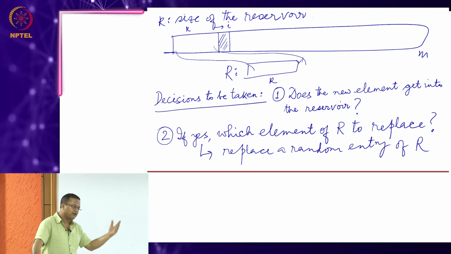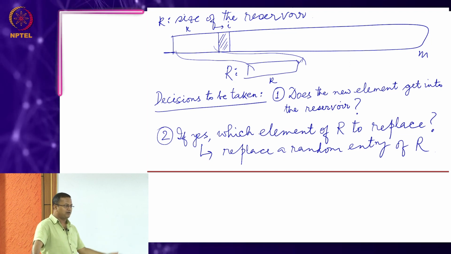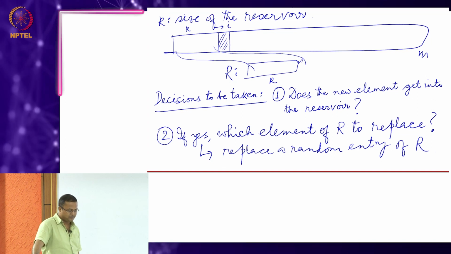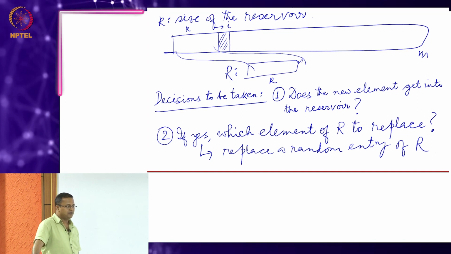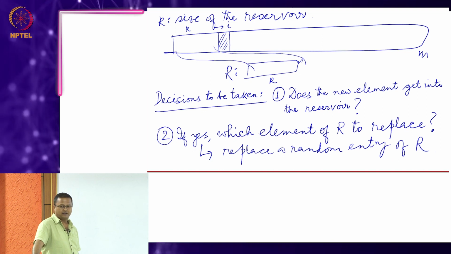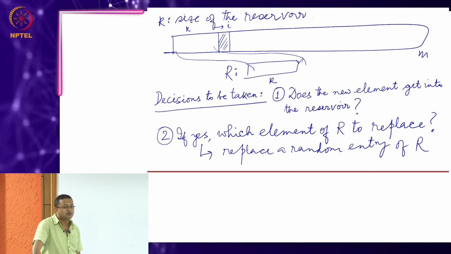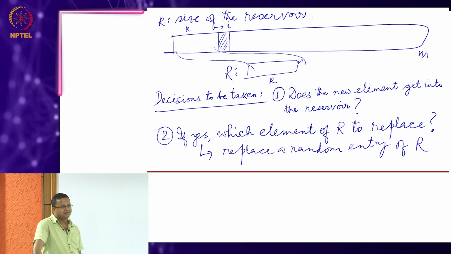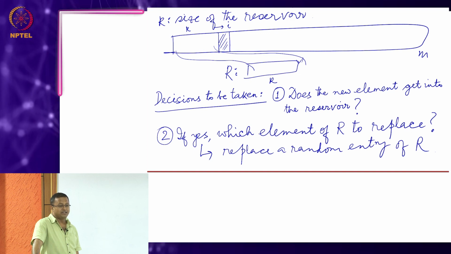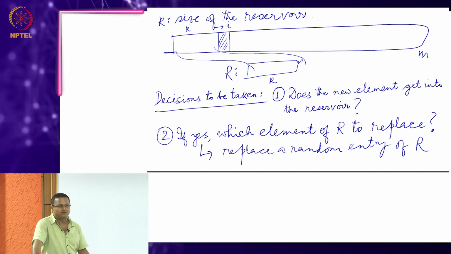Now what about 1? 2 is easy. What about 1? That also has to be a probabilistic decision, right? I cannot deterministically take a decision whether this has to go in or out.